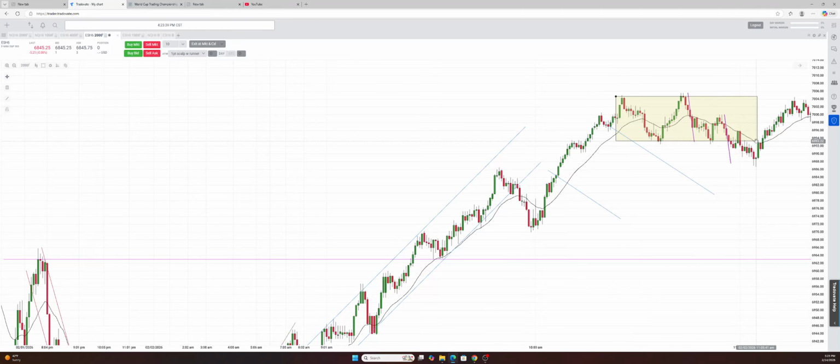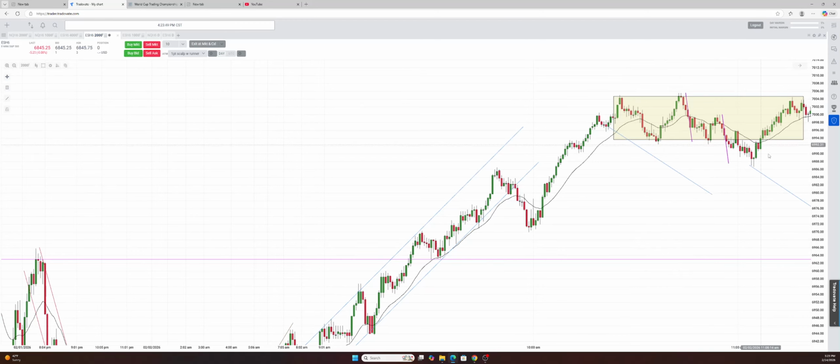This here is actually the trade that I took, because we ended up having this here. One thing I was concerned about with these highs.